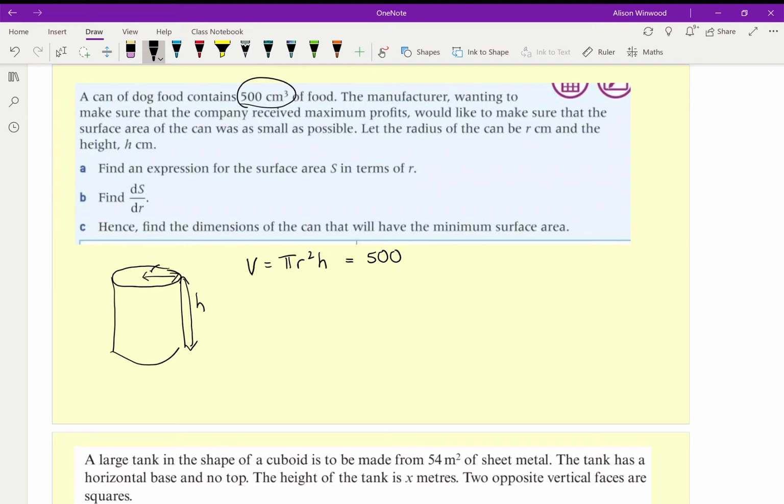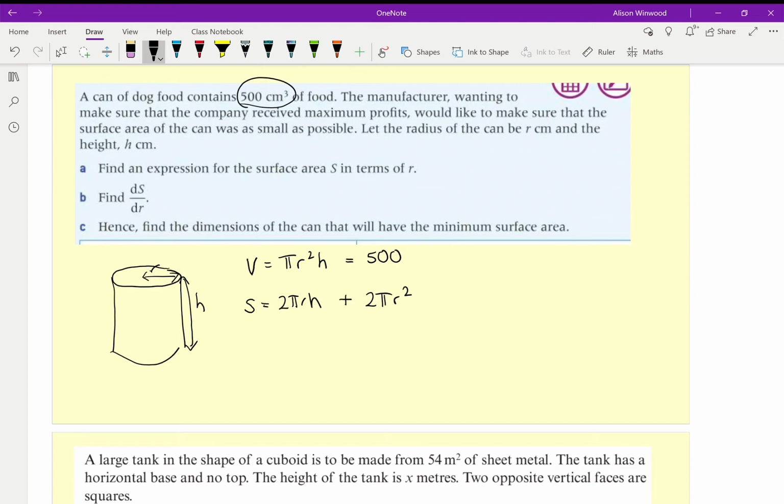We're wanting to find something about the surface area. So the surface area of a cylinder is 2 pi rh for the curved part plus a circle on the top and the bottom, so 2 pi r squared. Now we want this expression of s in terms of r only, and we've got it with an h.